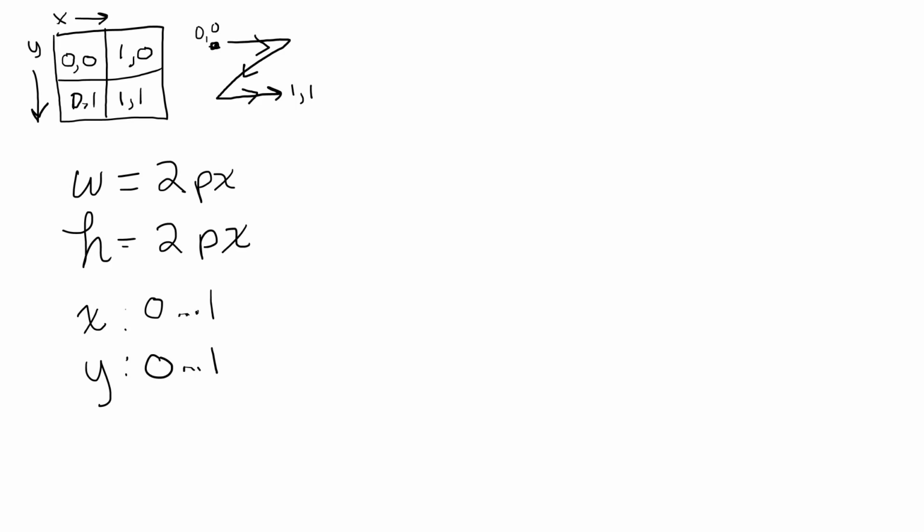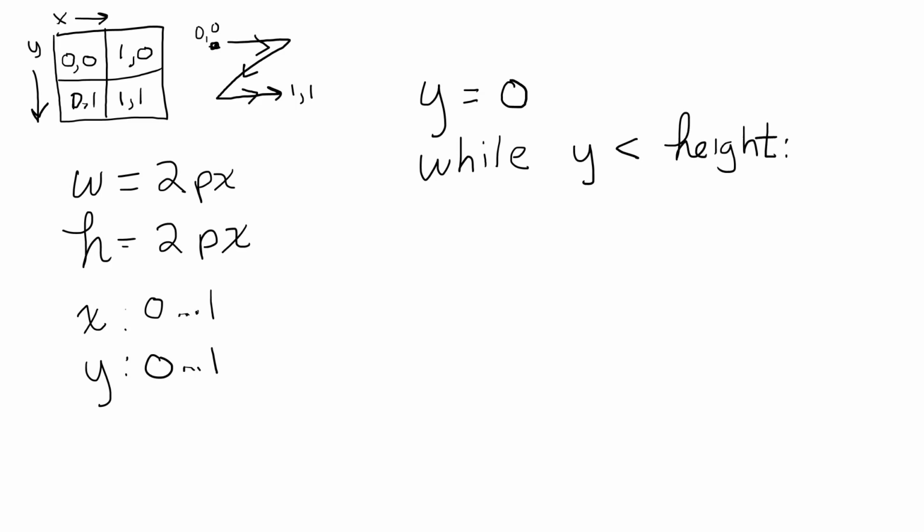So here, Y equals 0. So we're going to do Y in the outer loop, and then while Y is less than height, now we do an inner loop, X equals 0, and while X is less than width.